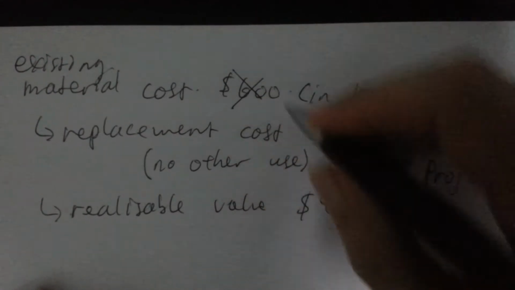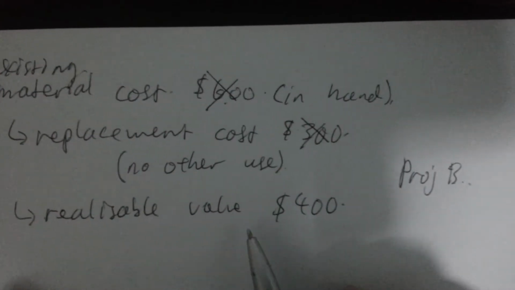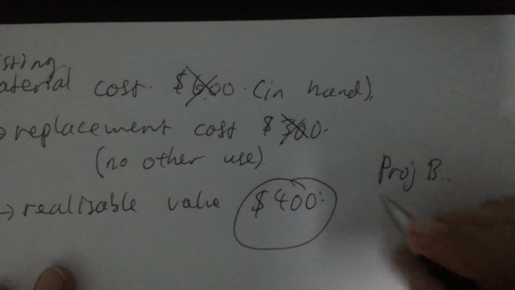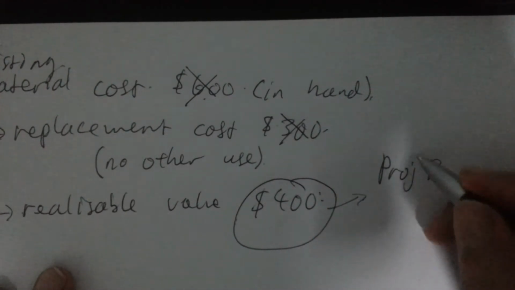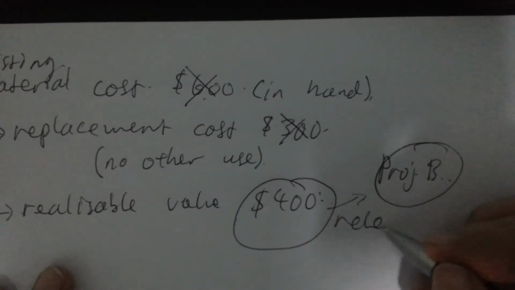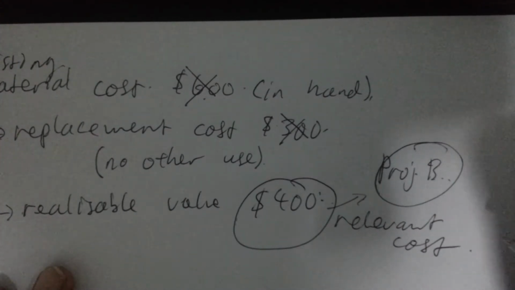It wouldn't be, because this has already been spent. Remember, relevant cost is anything that will be incurred in the future. So in this case, you're left with only one figure, 400. That 400 would be the relevant cost that you use as the basis to charge your customer. So this is a relevant cost. Alright?